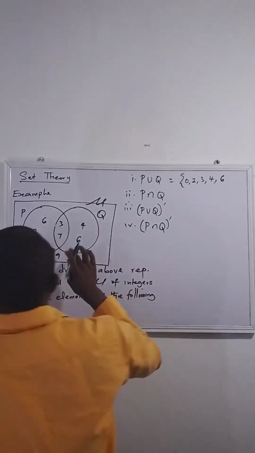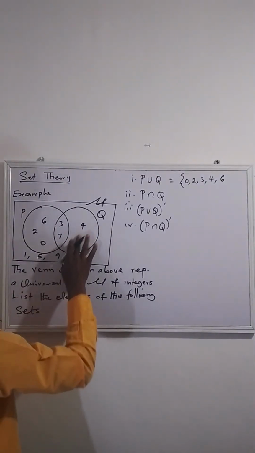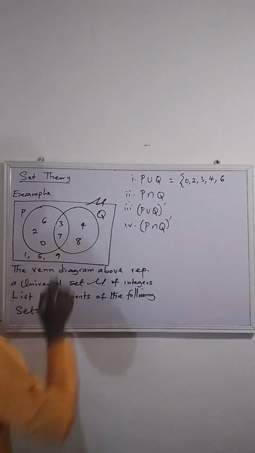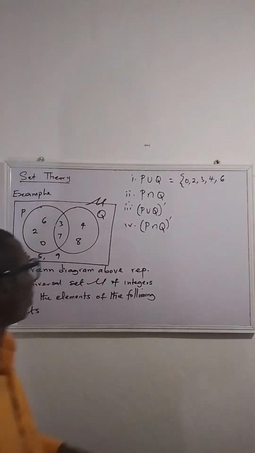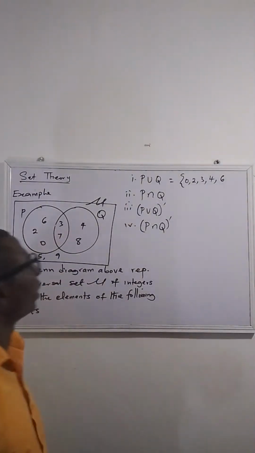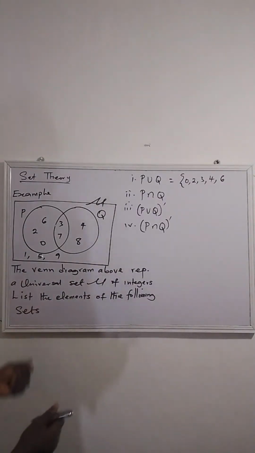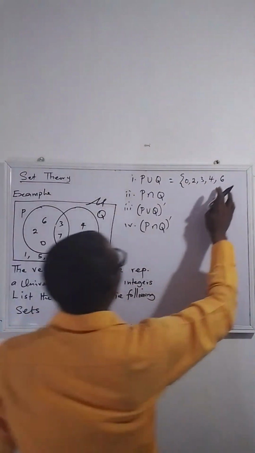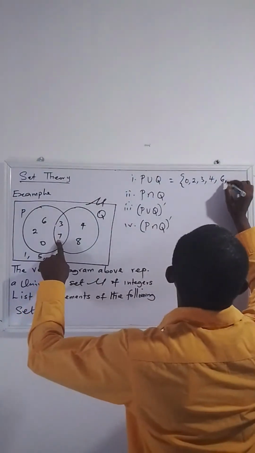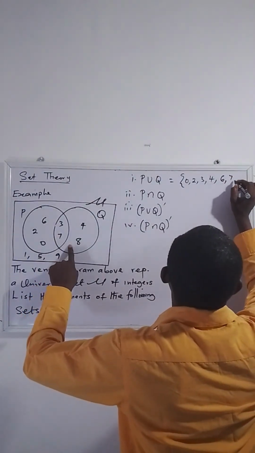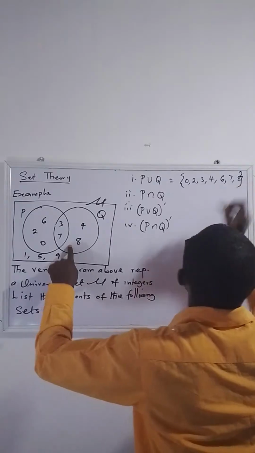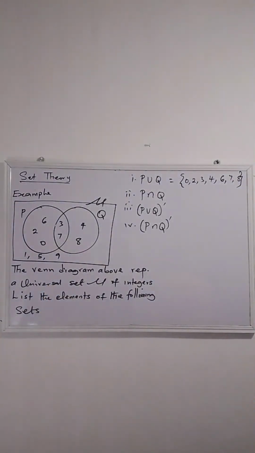Okay, I think we are supposed to have 8 here and not 6. So please let's take note of that. So we have 6, 7, and 8. Okay, so that's the answer to that problem.